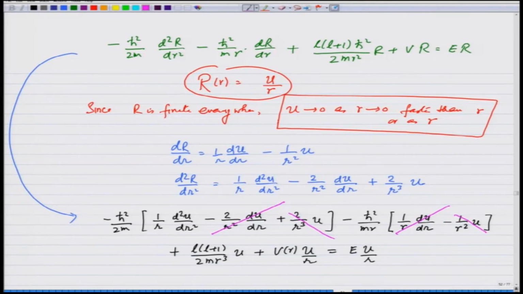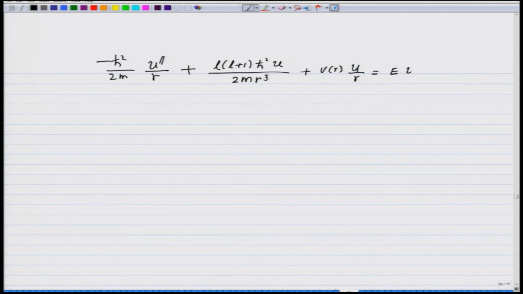So, all I am left with is minus ħ² over 2m u double prime over r, plus l(l+1)ħ² u over 2mr³, plus V(r) u over r equals E u over r, where u double prime is nothing but d²u over dr².